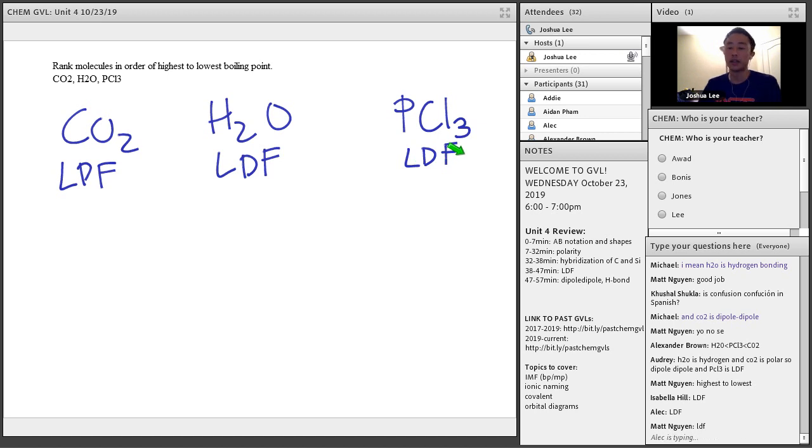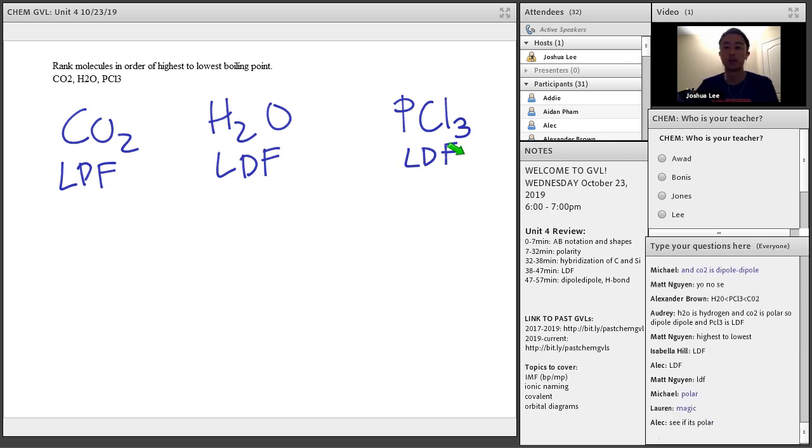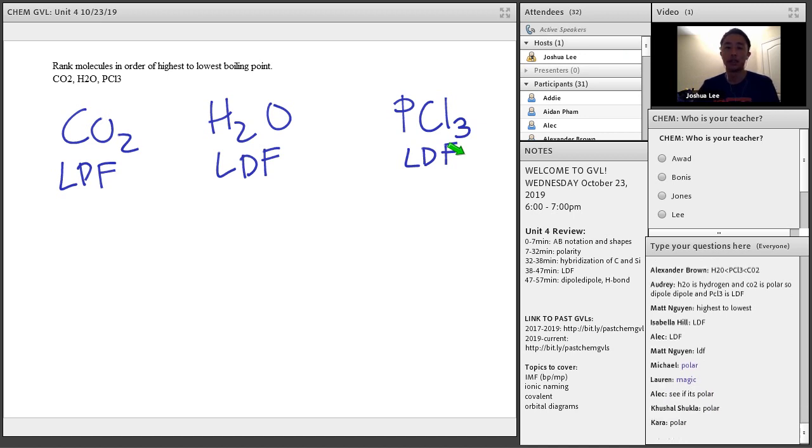So after you do that, the next strongest intermolecular force is dipole-dipole. To figure out dipole-dipole, what do you have to do? Which molecules will have dipole-dipole? Good, polar molecules. So then to figure out if it's polar or not, it helps if you do the Lewis dot structure.